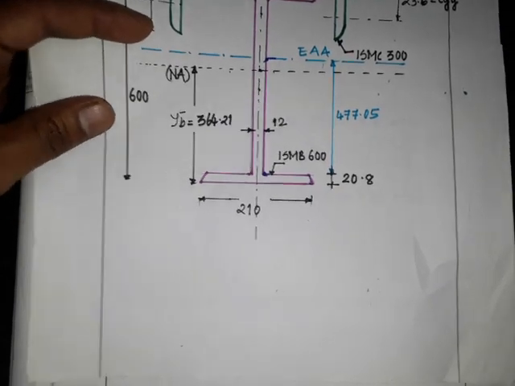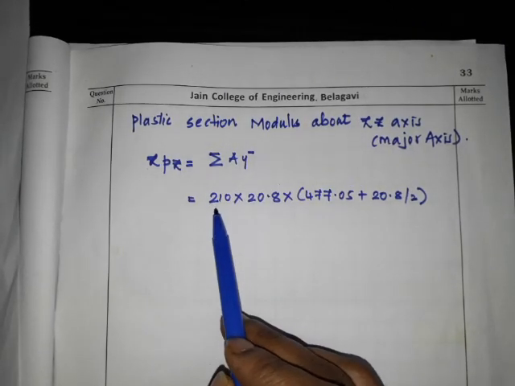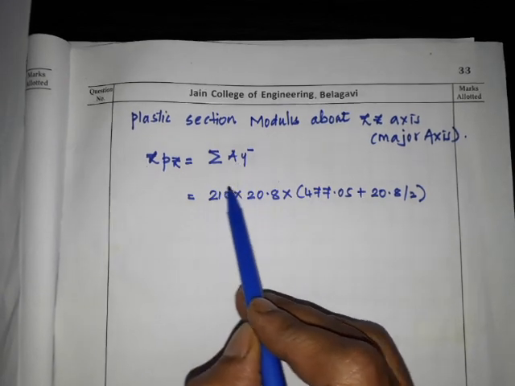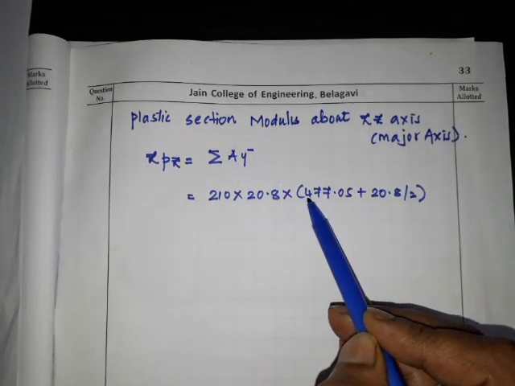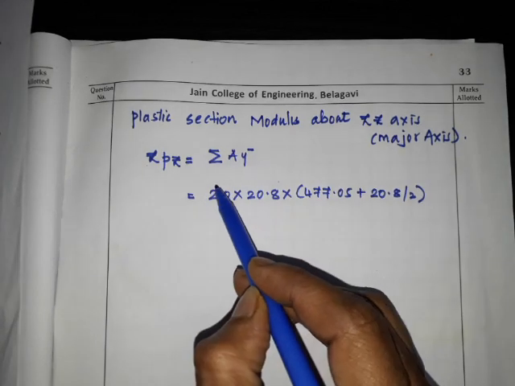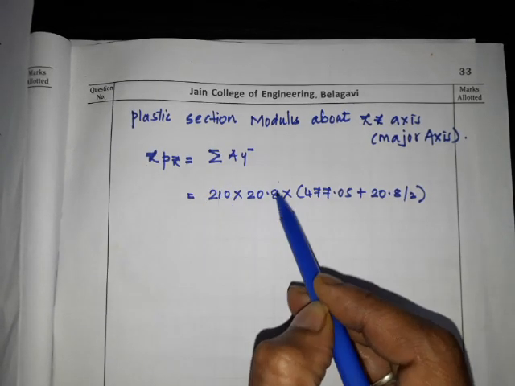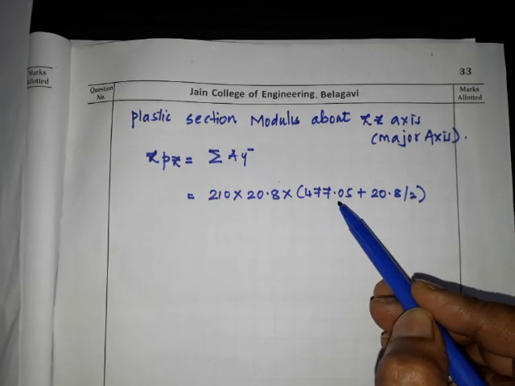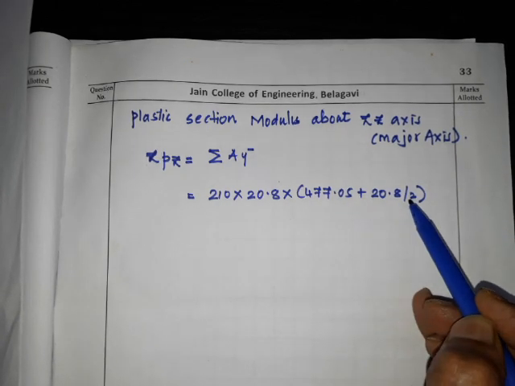Here 210 into 20.8 is the area, into 477.05 plus 20.8 divided by 2.